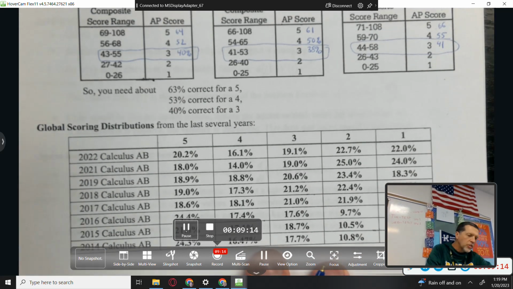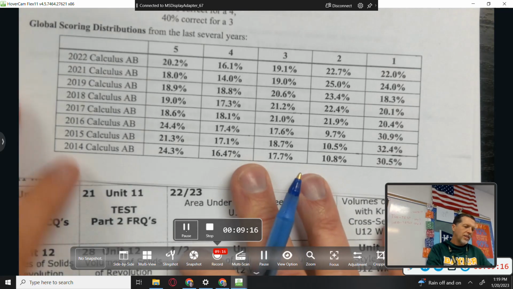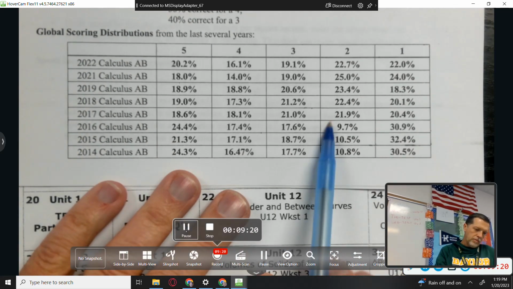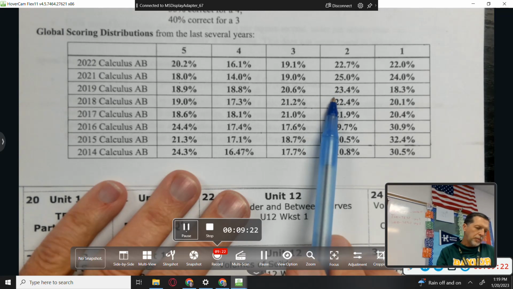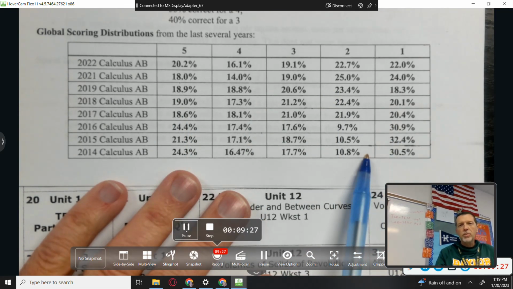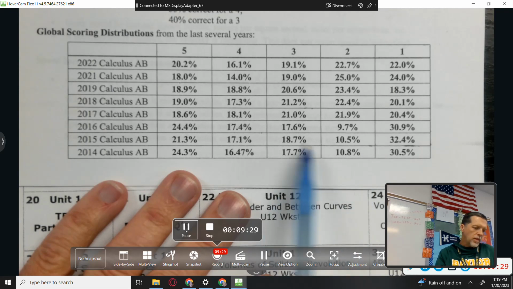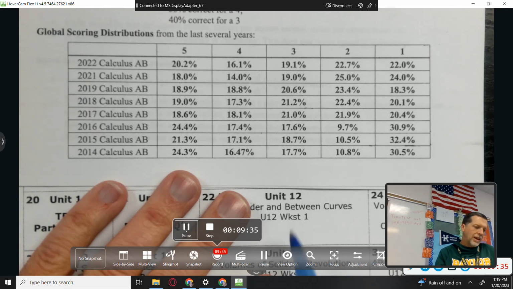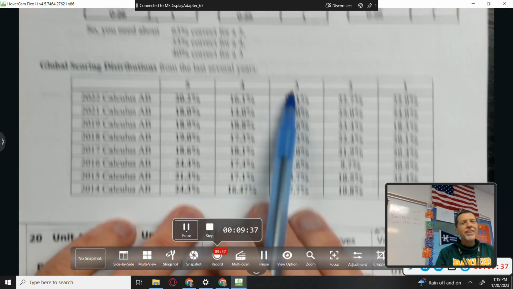Here's the scoring distribution from the past several years. That's a lot of years put on there. This shows how the grades split up. Again, I don't know how they decide where the cutoffs are.